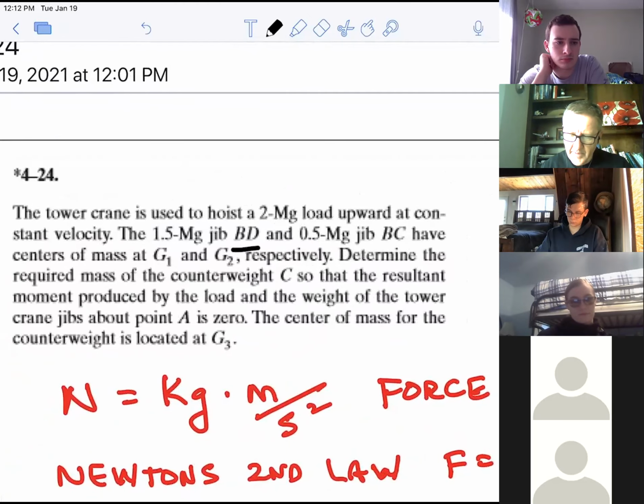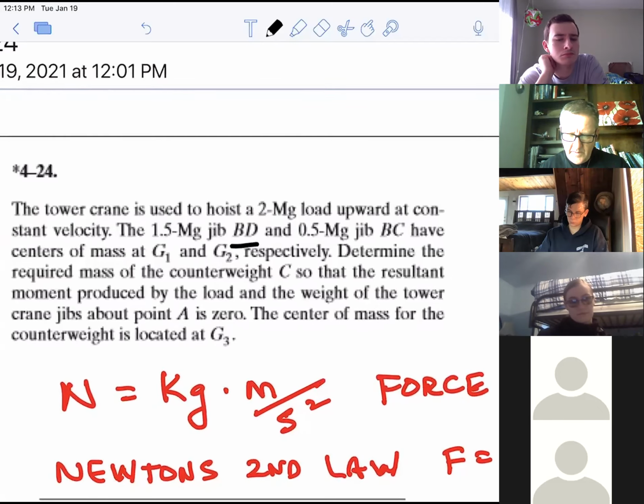The 0.5 megagram jib BC have centers of mass at G1 and G2 respectively. So they're both 0.5. Is that what that's saying? Is that what you think it's saying? That's what I think it's saying. That's bothering me. Is that what it's saying?